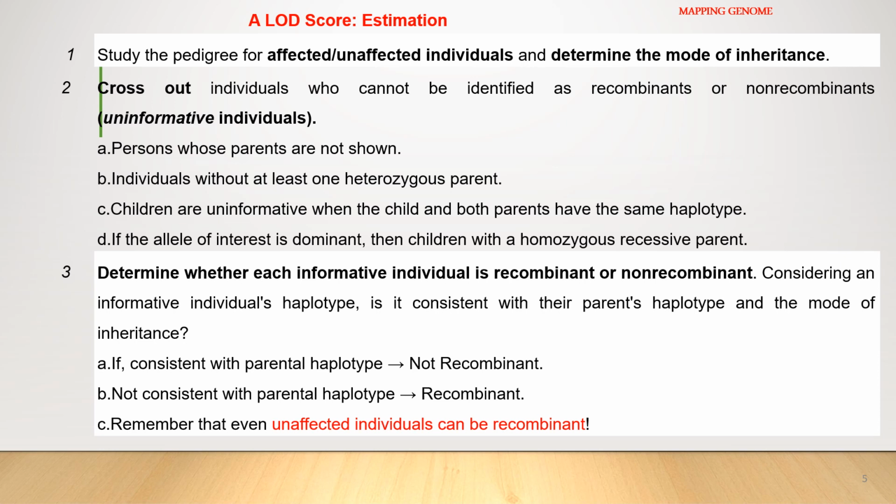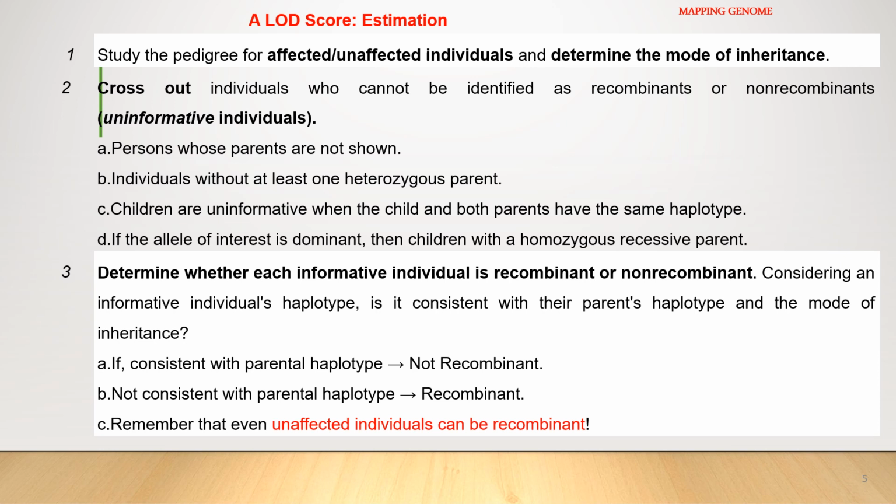Third, among the individuals for which the information is complete, determine whether they are recombinants or non-recombinants. If the genotype is consistent with the parental haplotype, they are non-recombinants.